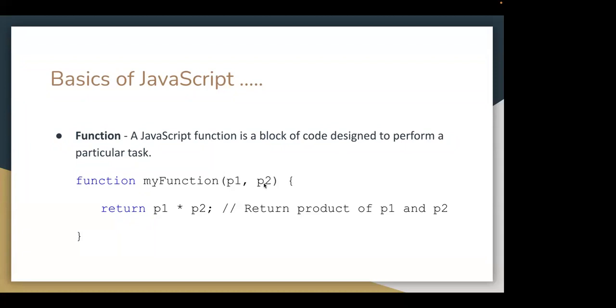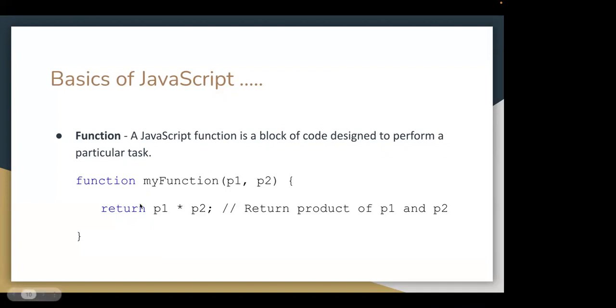When we call this function, we have to pass those values into the function so that they come in as parameters. Here we pass p1 and p2 as arguments, and we can use those values.